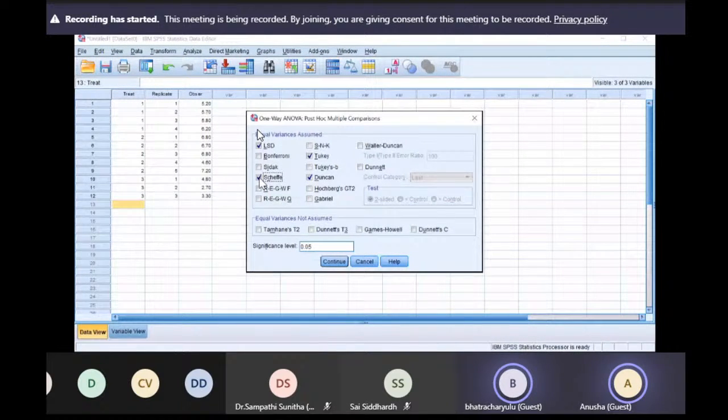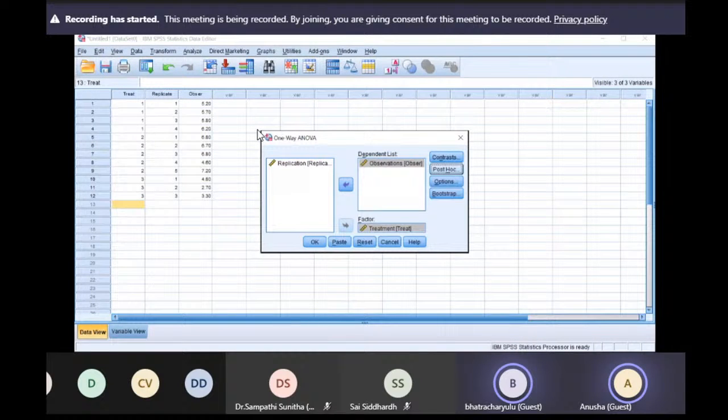We are testing at the 5% significance level. Now continue, then okay.